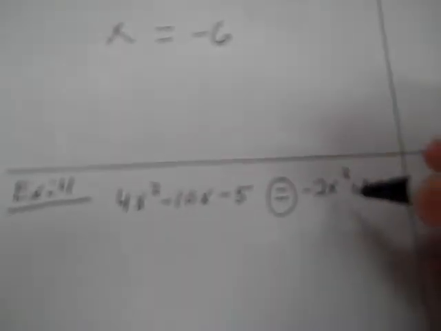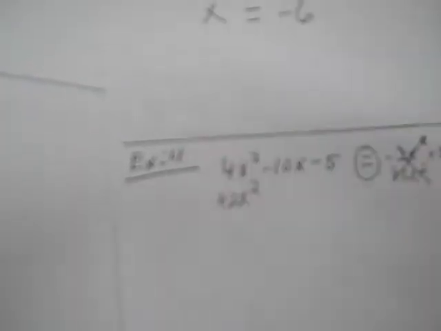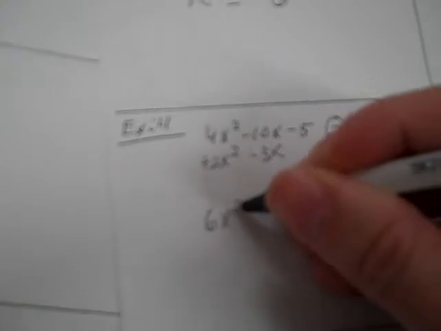Okay, now we have second powers, so there's going to be two solutions, I think, to these problems. So, plus 2x squared, plus 2x squared, minus 3x, and then I minus 3x. So that's going to be 6x to the second.